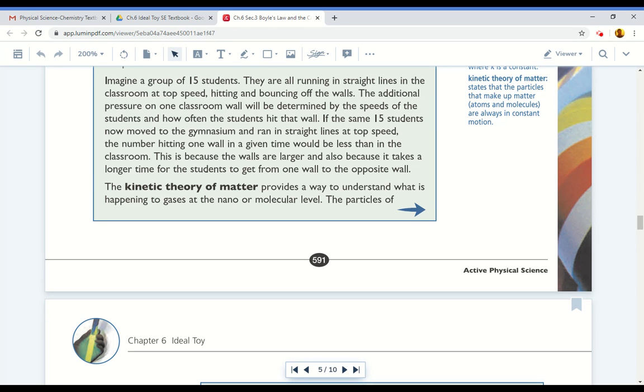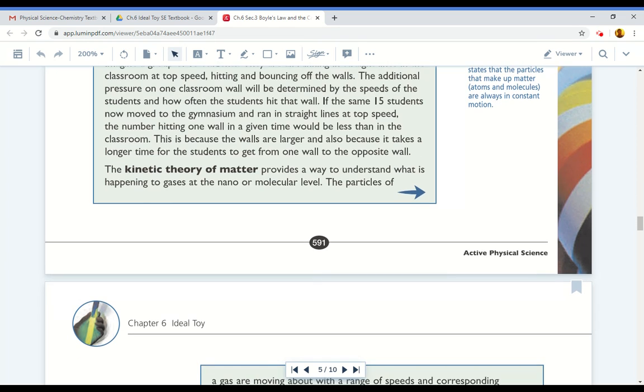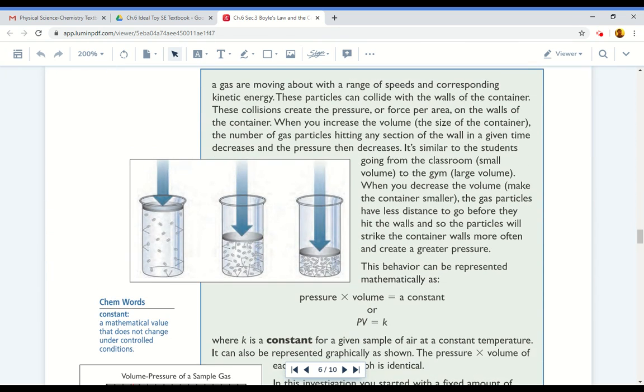The kinetic theory of matter provides a way to understand what is happening to gases at the nano or molecular level. The particles of a gas are moving about with a range of speeds and corresponding kinetic energy. These particles can collide with the walls of a container. These collisions create the pressure, or force per area, on the walls of the container.